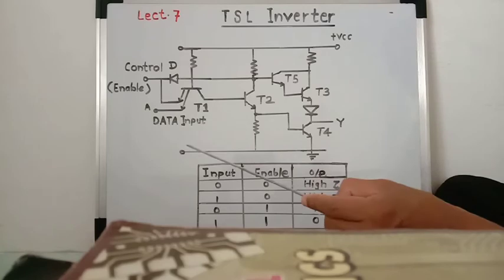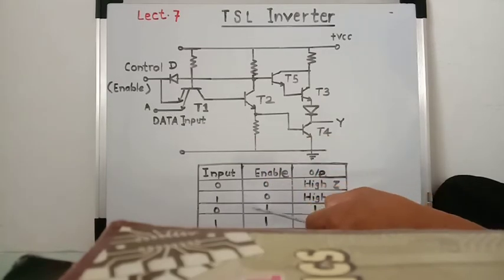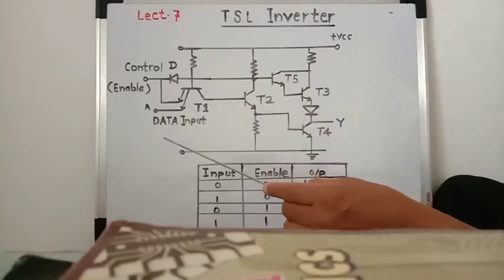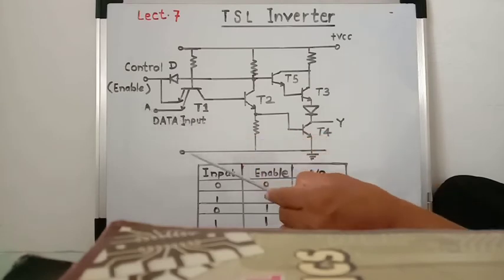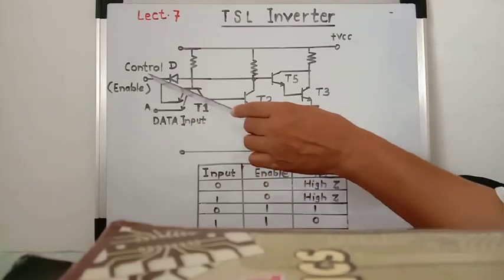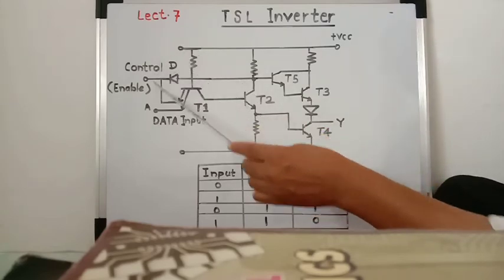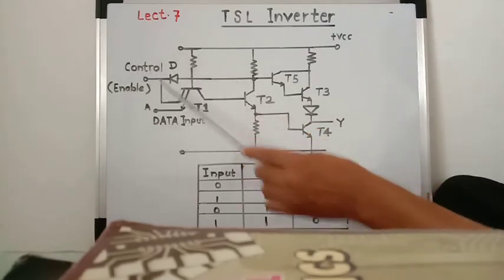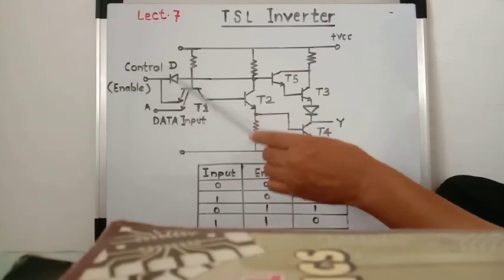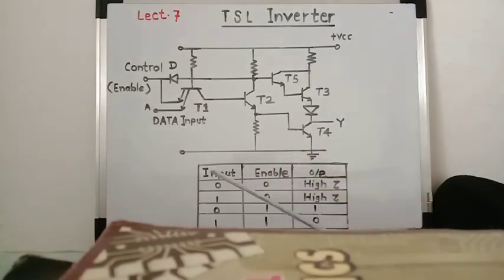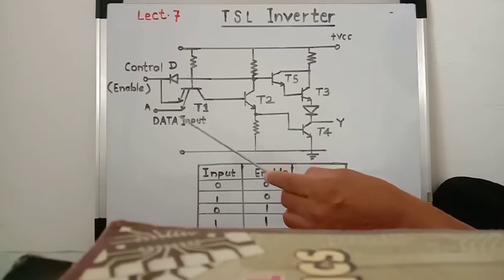Now, when data input is 0 and enable is 1, diode D is reverse biased because its cathode is connected to enable, and if enable is 1, diode D becomes reverse biased.